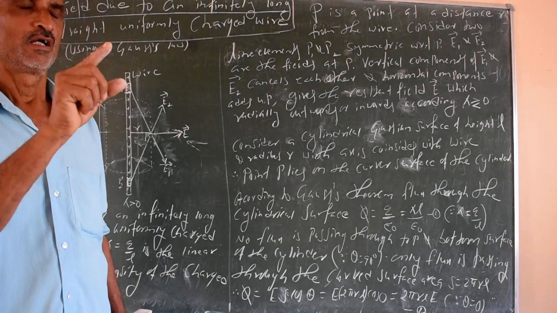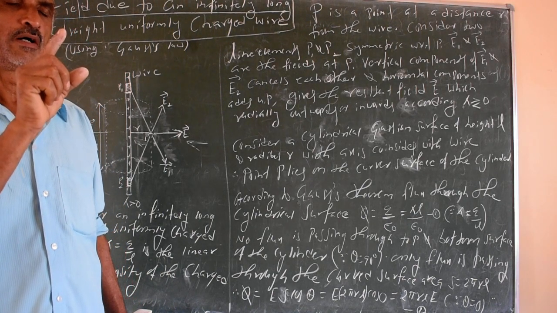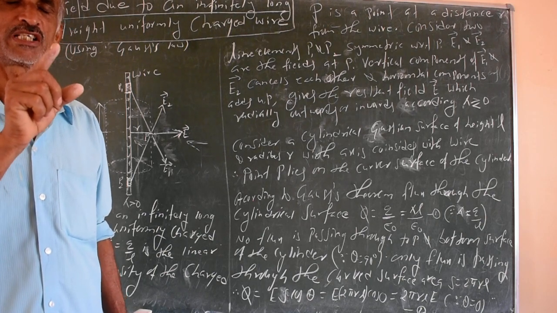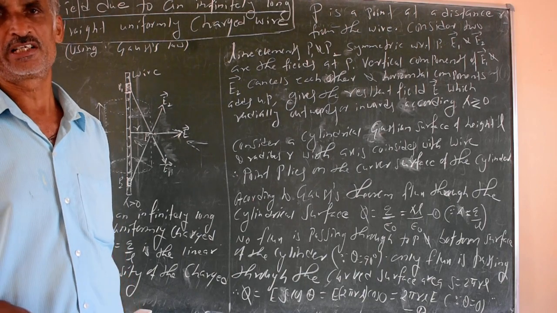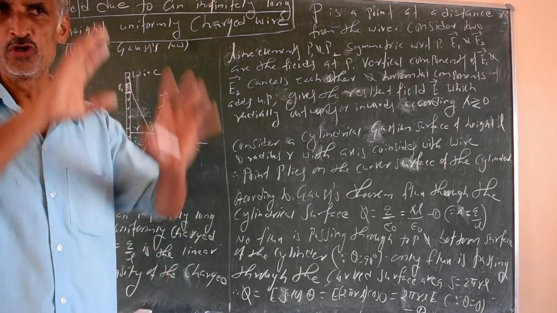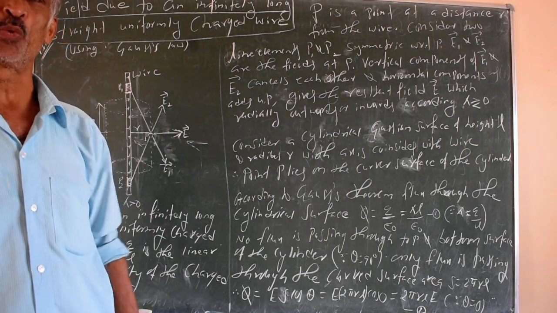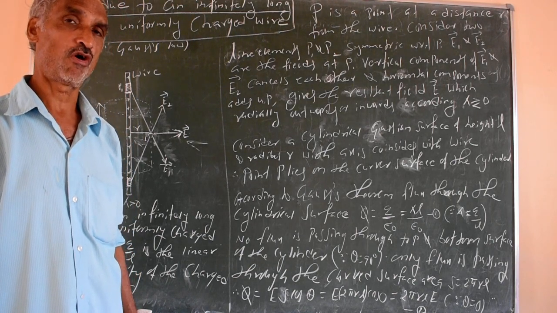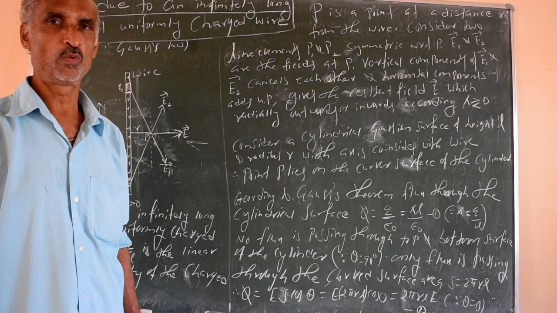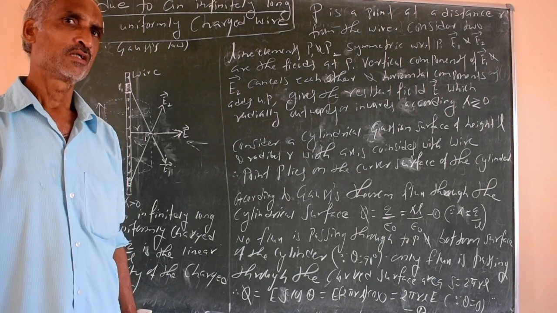In that case, flux can be worked out by phi is equal to E bar dot S bar, not delta S bar, not necessary. Okay, the full surface area can be considered at once. And E bar dot S bar is equal to ES cos theta. That is the one way to calculate the flux through a surface.